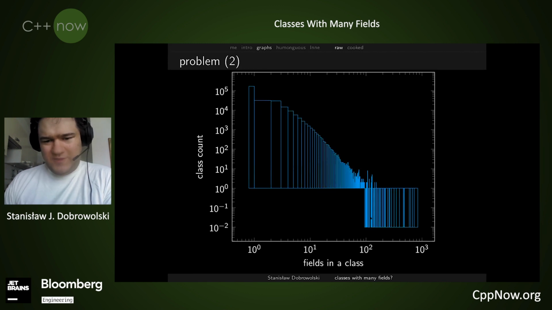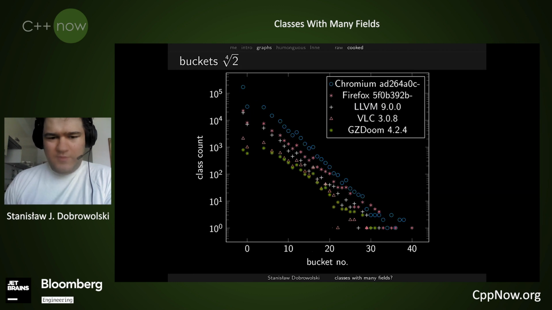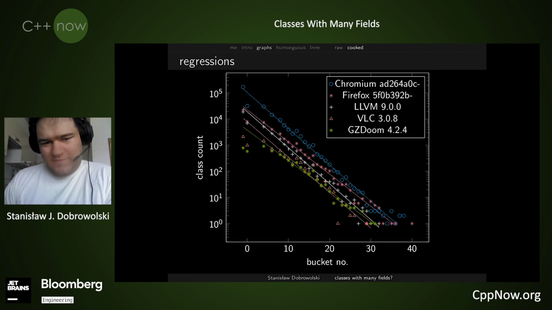Here's another visualization of that problem. I used buckets based on the 4th root of 2, so that the first 8 fields or so get their own bucket. And that looks pretty good. In fact, you can run a linear regression with reasonable results.